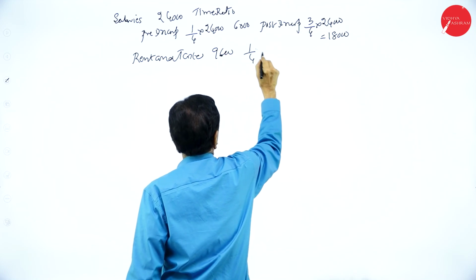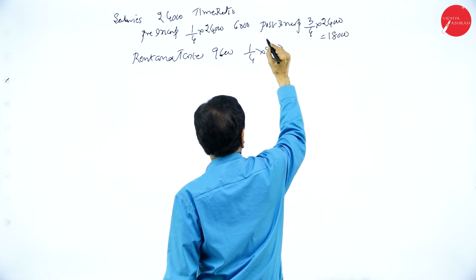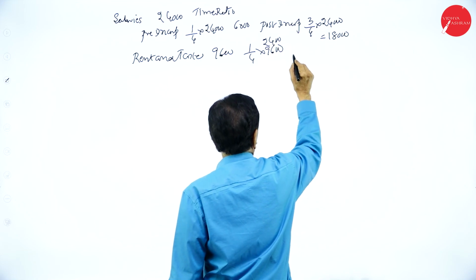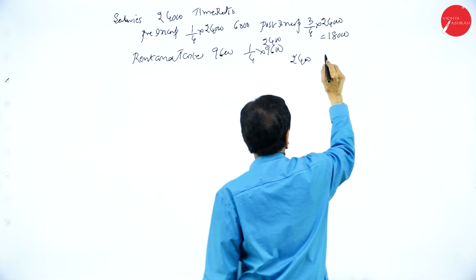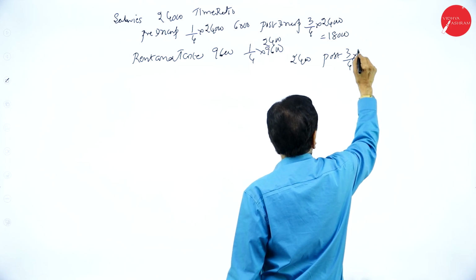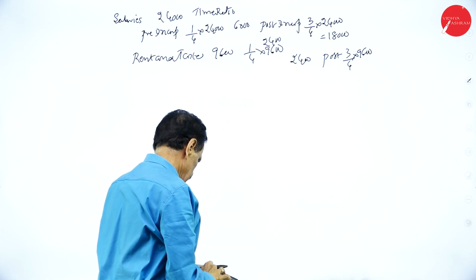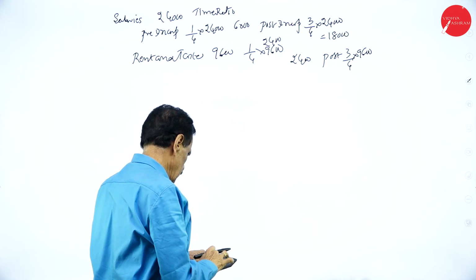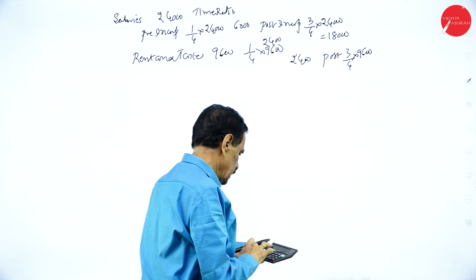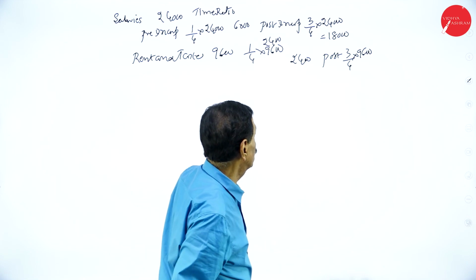Pre-incorporation is 1 by 4 of 9,600: 4 twos are 8, 4 fours are 16, that is 2,400. Post-incorporation is 3 by 4 of 9,600, that is 9,600 into 3 divided by 4, which is 7,200.